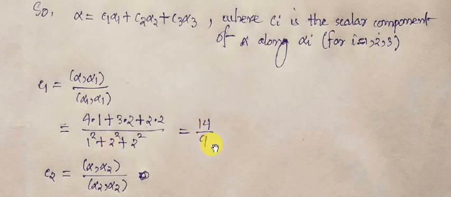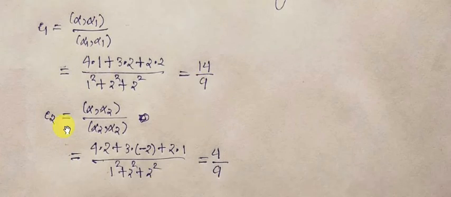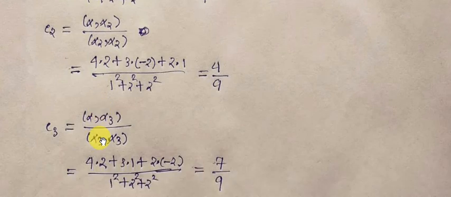Similarly, C2 being the scalar component of alpha along alpha 2, we have written alpha comma alpha 2 divided by alpha 2 comma alpha 2, and calculated it. Similarly, C3 being the scalar component of alpha along alpha 3, we have written alpha comma alpha 3 divided by alpha 3 comma alpha 3, and calculated it as in our previous cases.